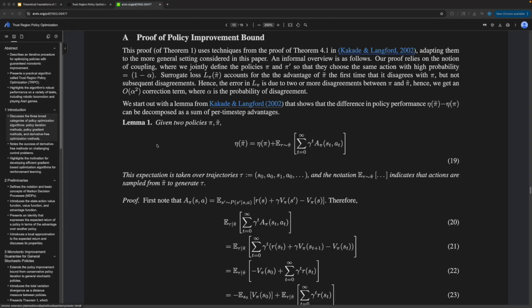Now let's look at a proof of this, which is given in appendix A of the paper. We want to prove that the difference in the performance of policies pi hat and pi is equal to the expected sum of discounted advantages of the states and actions sampled from the policy pi hat, but the advantage is computed for your policy pi.